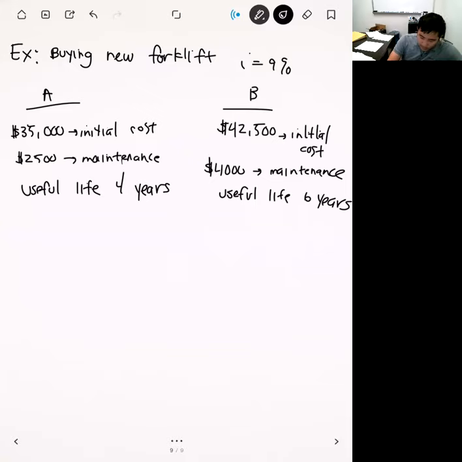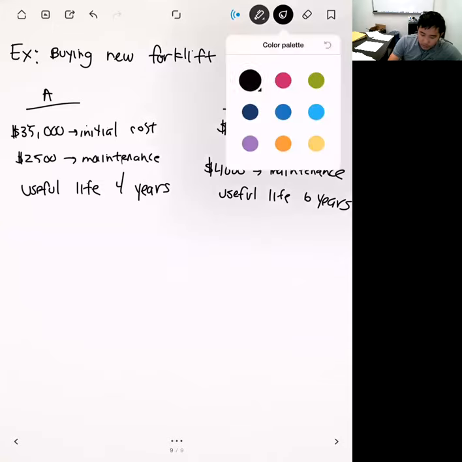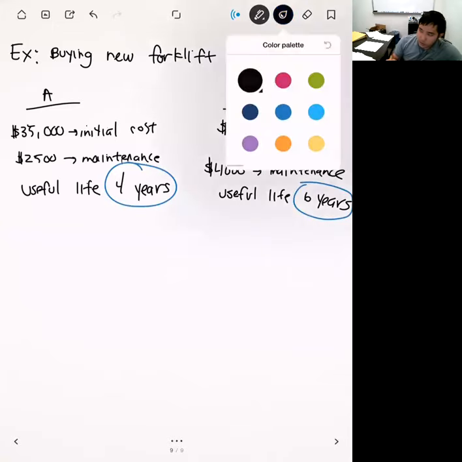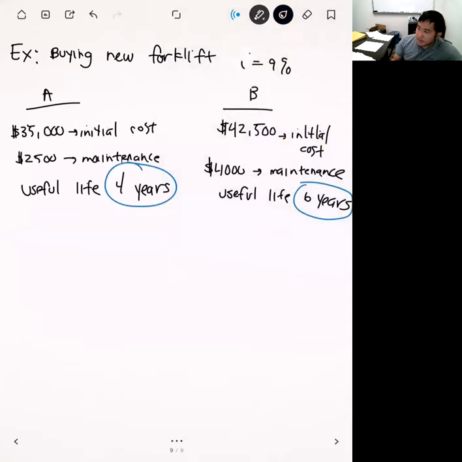And so the key part here that you should notice is that the product lives differ, right? One's going to last for 4 years, the other one's going to last for 6 years. And so this is a great candidate for annual cash flow analysis because their product lives are different.